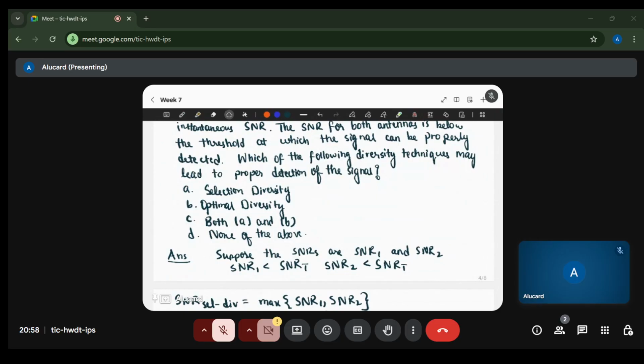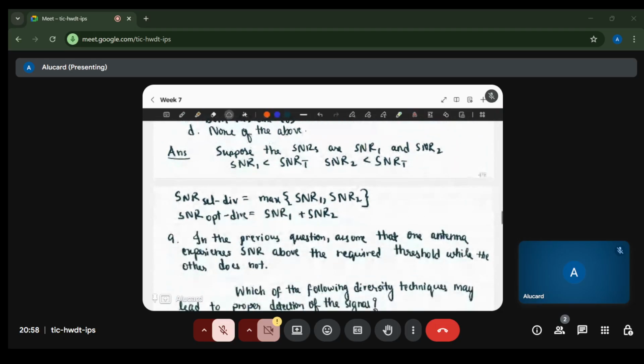Suppose the SNRs are SNR1 and SNR2. We are given that both SNR1 and SNR2 are below the minimum value SNRT, SNR threshold. For selection diversity, the SNR you can get is the maximum of the SNRs of all the antennas.